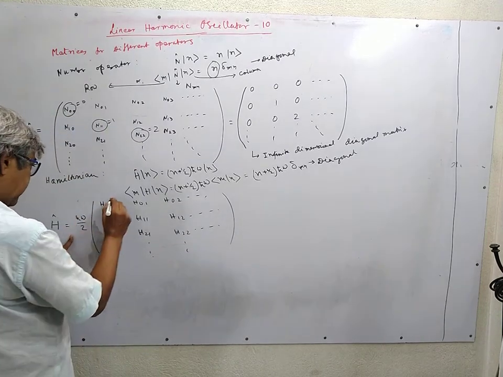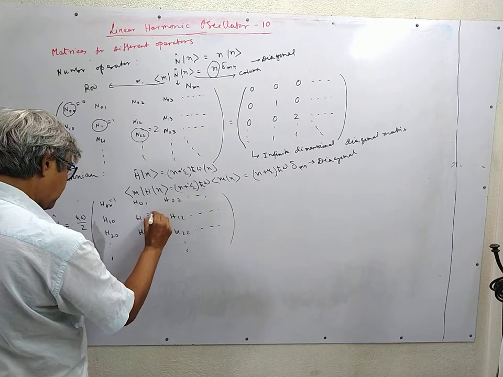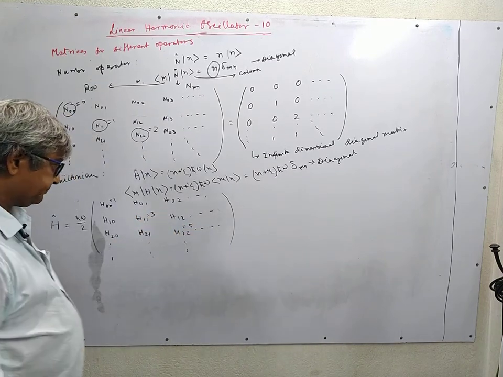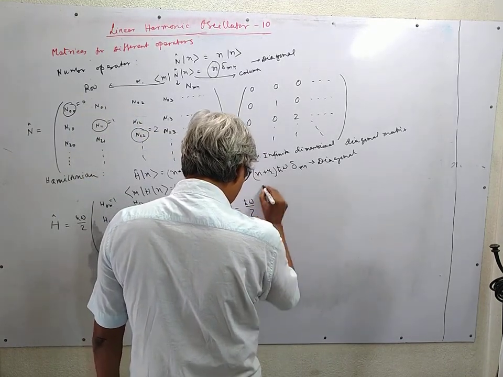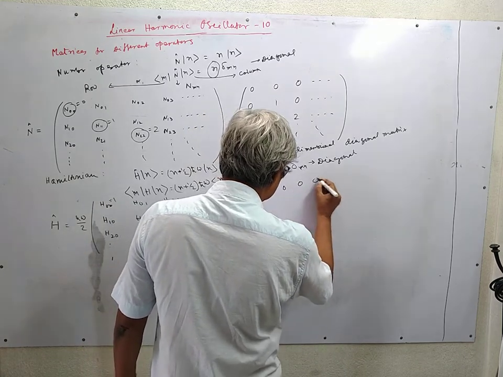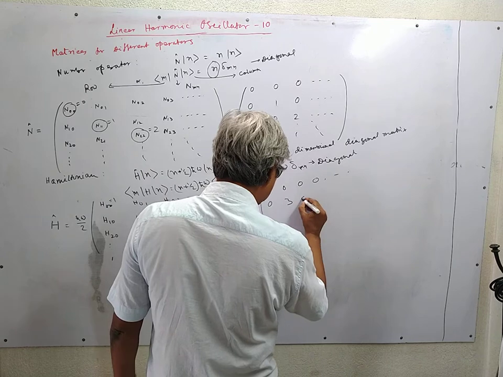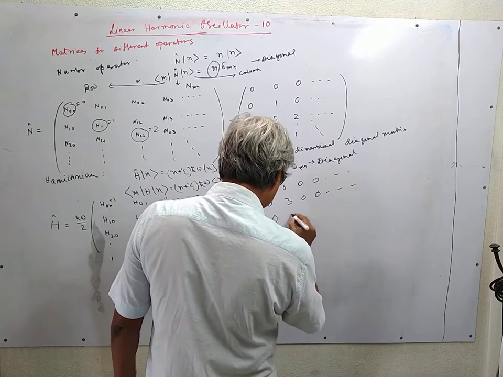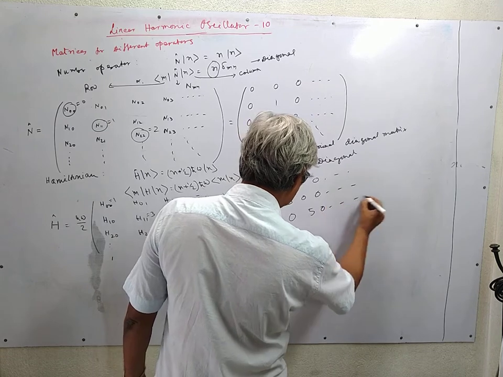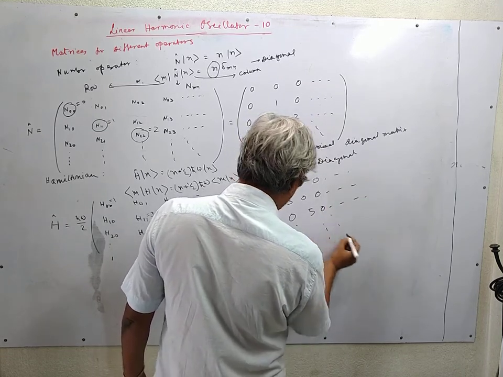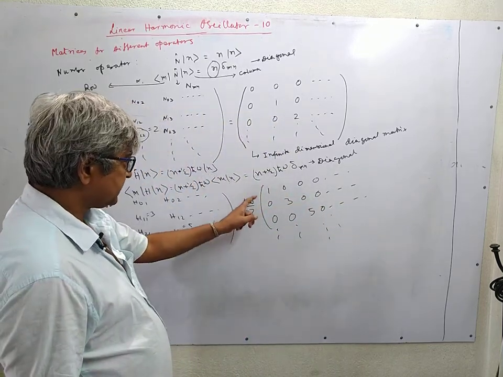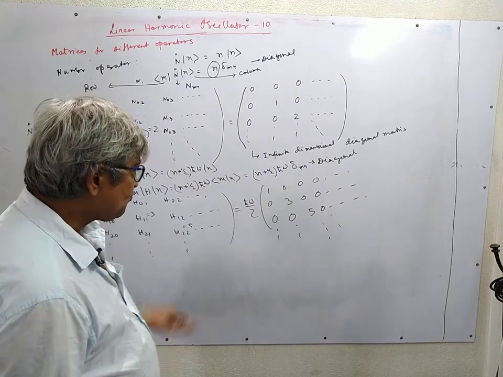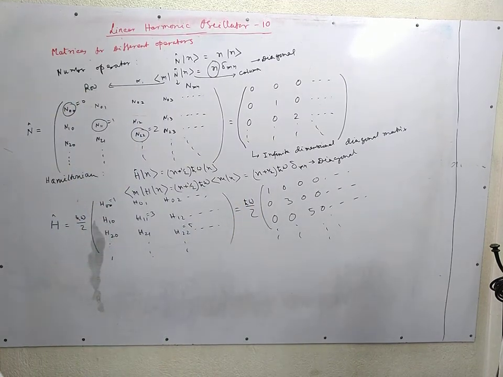As we have taken this common, this is equal to 1, this is equal to 3, this is equal to 5. So the matrix is h cross omega by 2 times 1 0 0 0, 0 3 0 0, 0 0 5 0, and so on. Only the diagonal elements survive, and they are the odd positive integers when we have taken this as common. So these are the two matrices, both of which are diagonal.